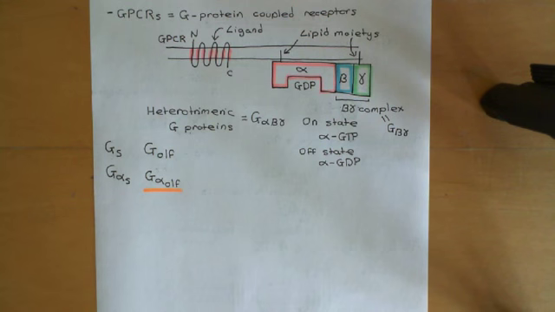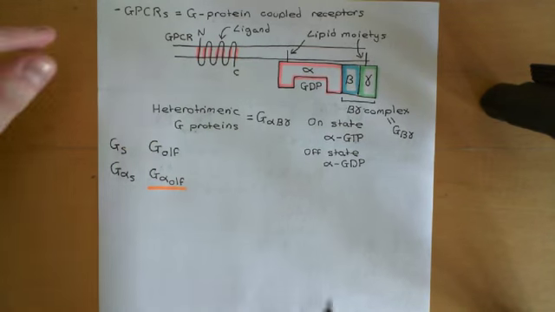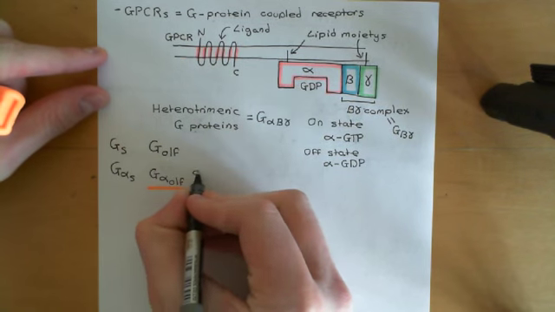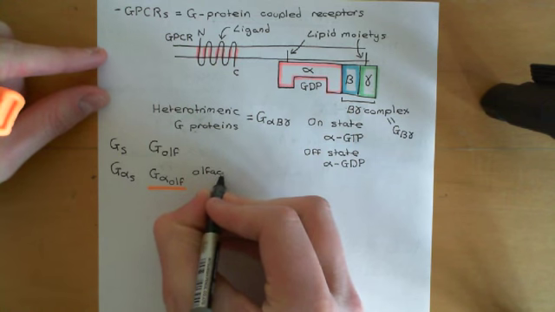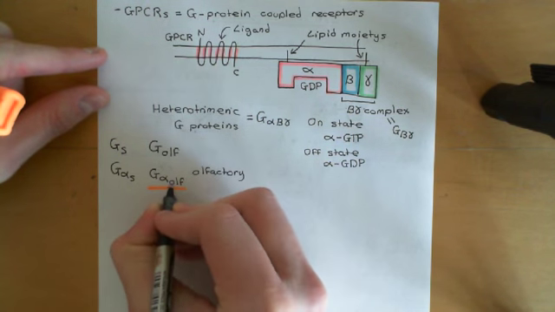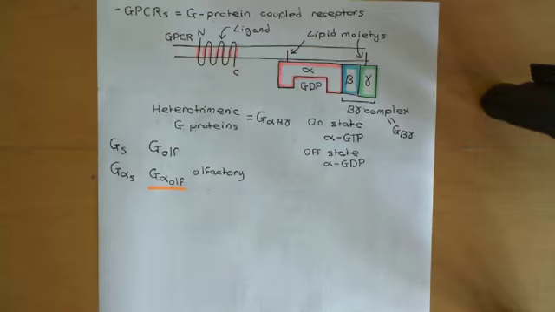Most cells in the body have G alpha s expressed and not G alpha olf. Okay, but certain tissues of the body, particularly the cells of the olfactory epithelium, and that's why it's called olf for olfactory, they have G alpha olf expressed rather than G alpha s.